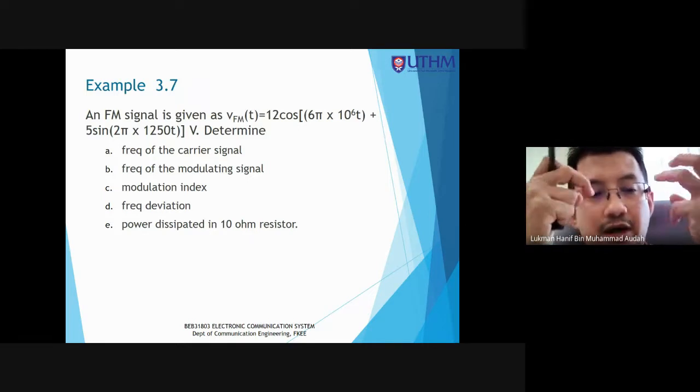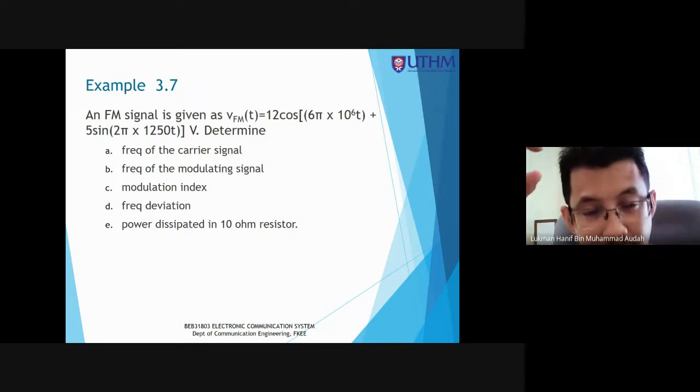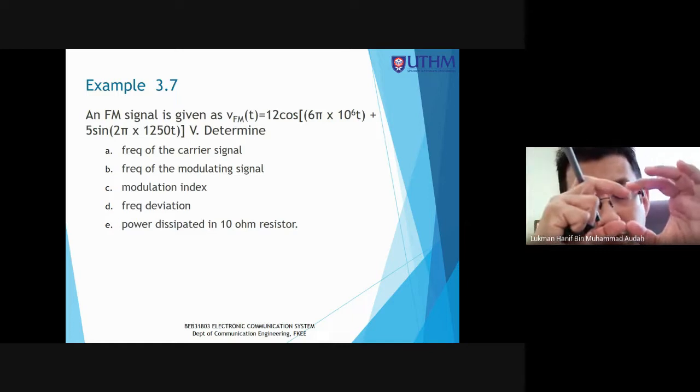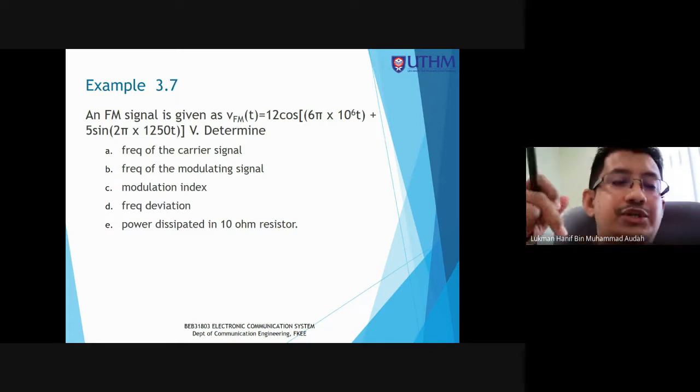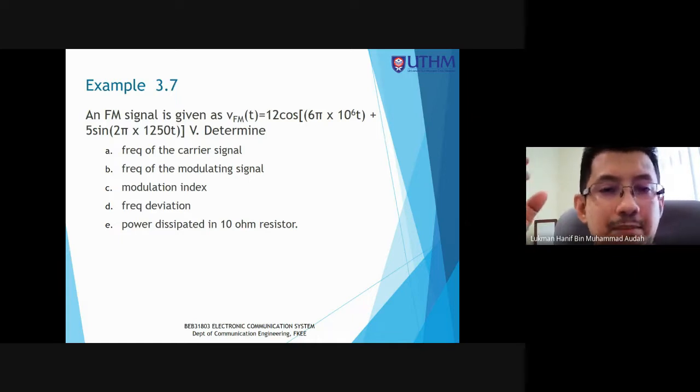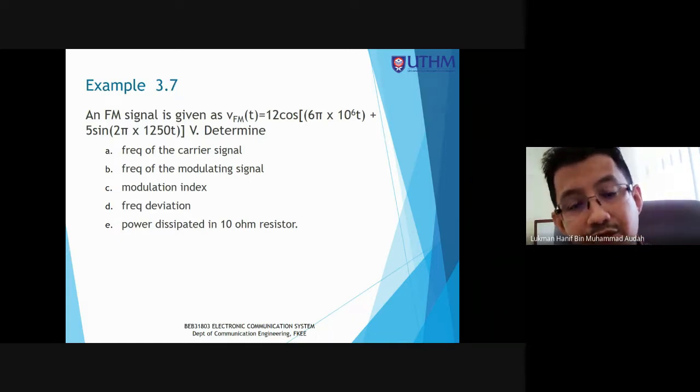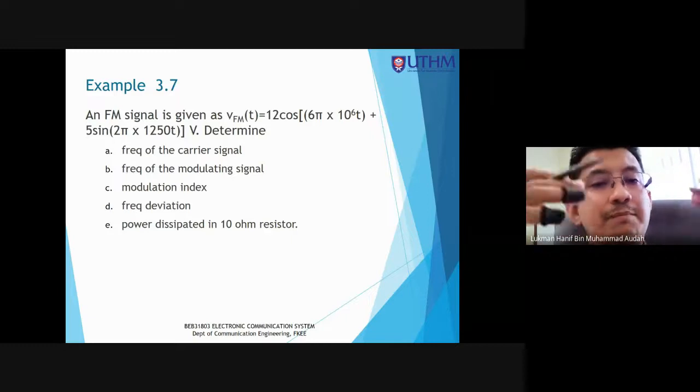Sebab kalau kamu faham strukturnya, bukan hafal equation, dengan cara melihat equation ini kamu dah boleh faham apakah itu VC, apakah itu frekuensi. So daripada sini saya dah boleh nampak.